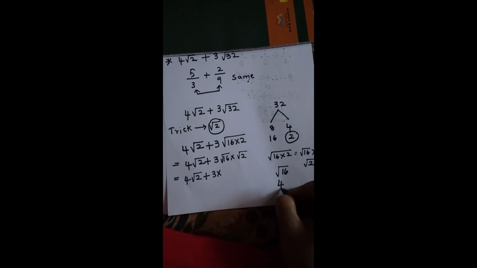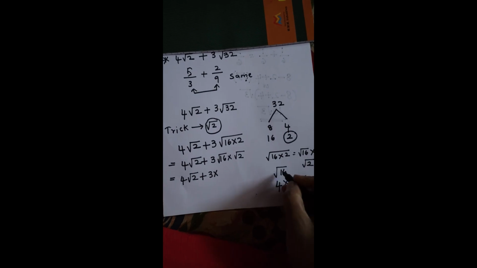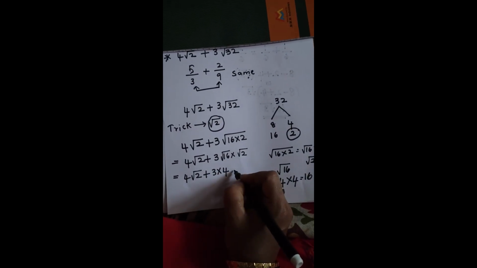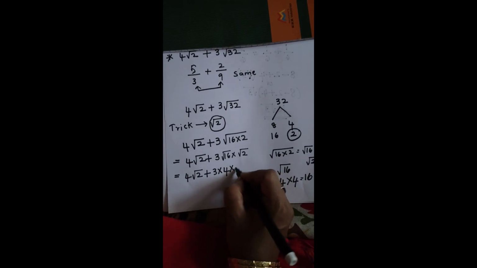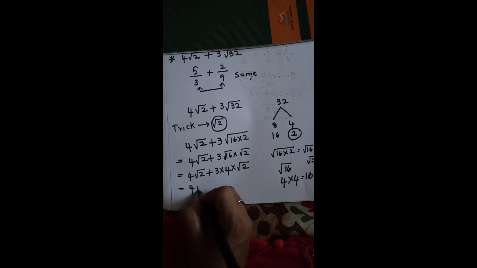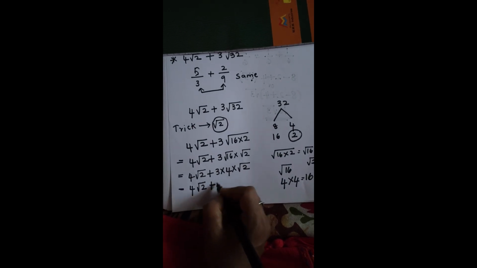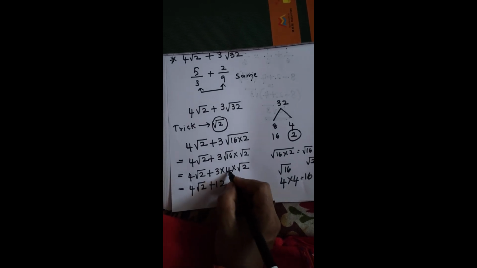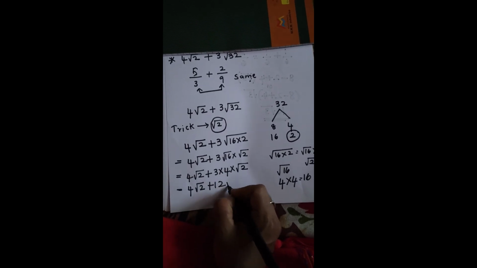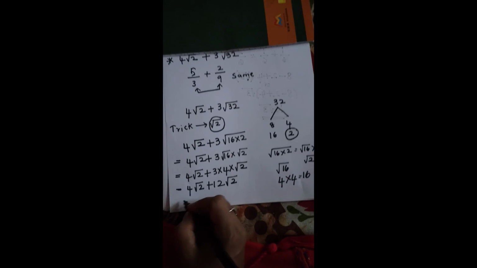If you multiply 4 into 4, you will get 16, so root 16 value is 4. So you will write 4 into root 2. Next, 4 root 2 plus 12, that is 3 into 4, 12, then root 2.